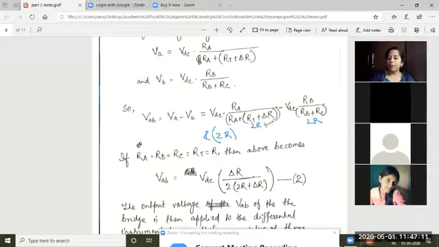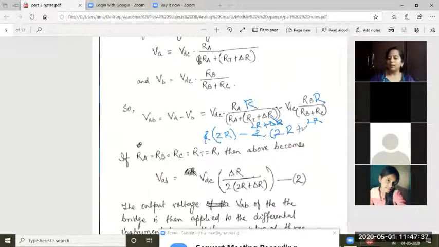And this value is R, this is also R. So R into 2R, if I am finding the LCM, minus R into 2R plus delta R.